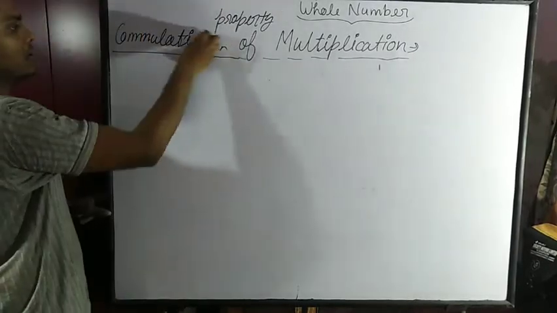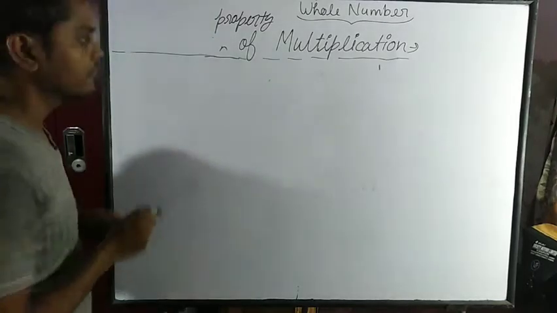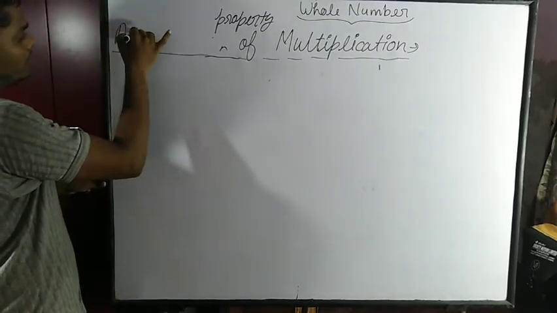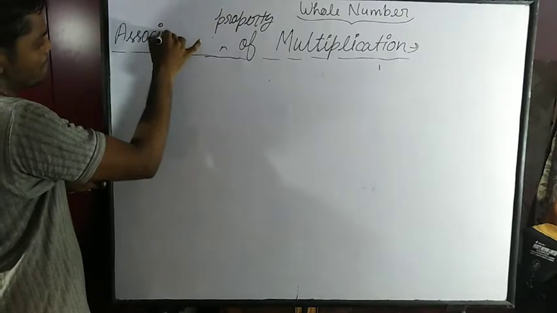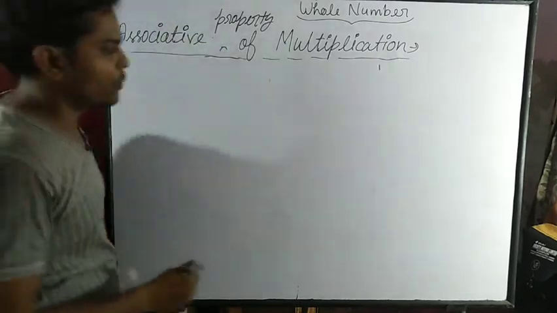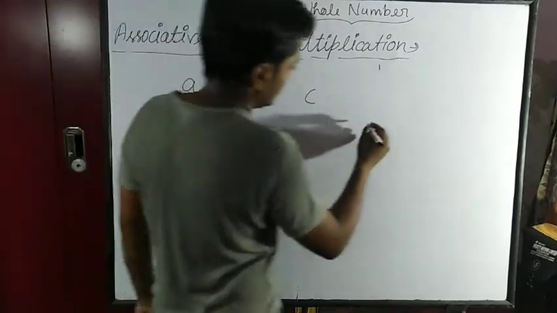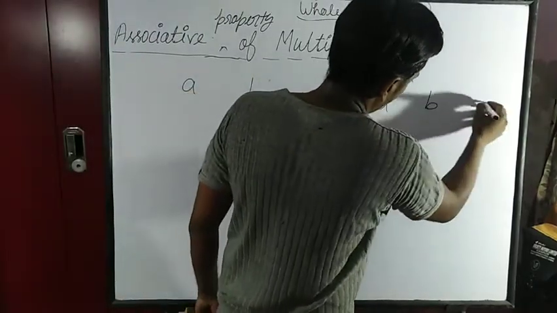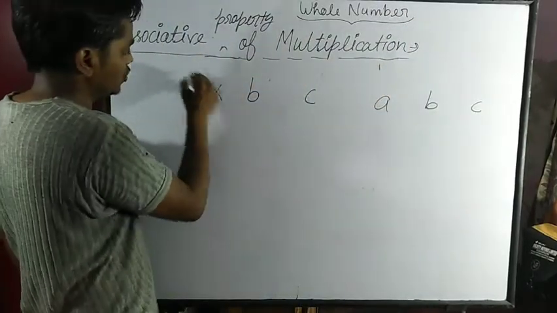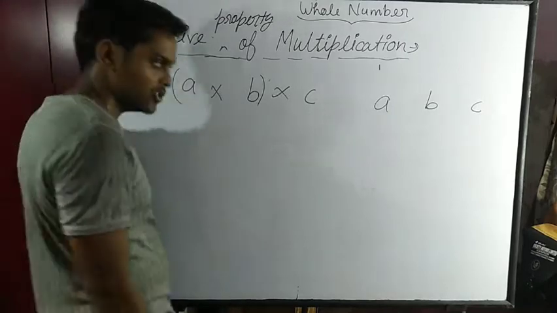That is the associative property of multiplication. Take a, b, c, and again a, b, c. a into b is in one group, and whatever the result of this multiplication is will be multiplied with c.